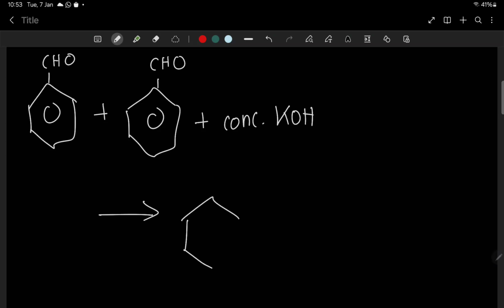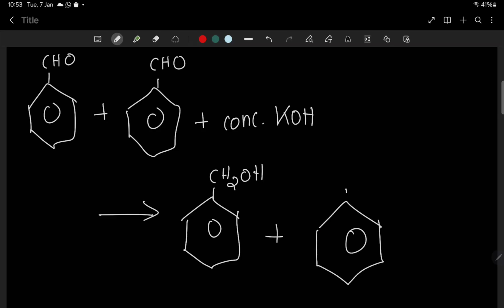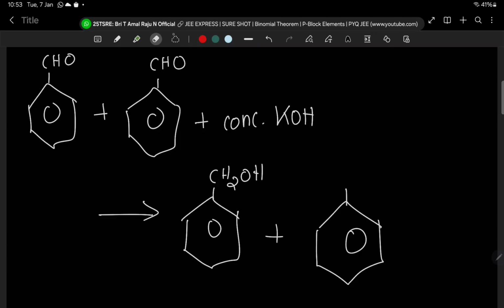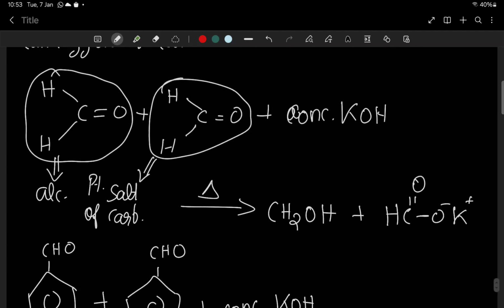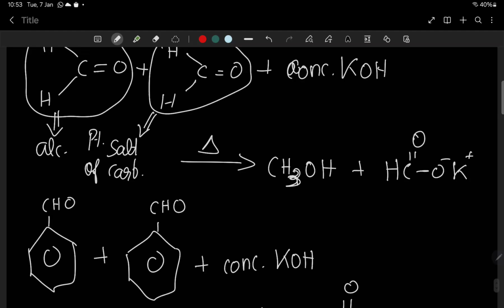One will be benzyl alcohol, C6H5CH2OH, plus the other one will be the potassium salt, potassium benzoate.